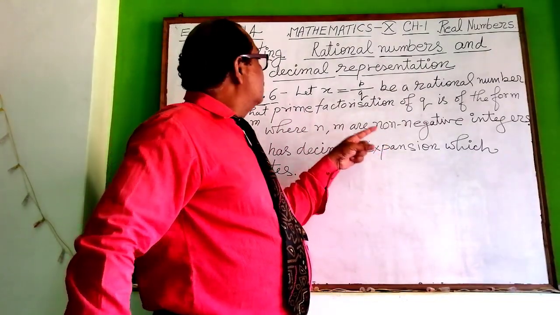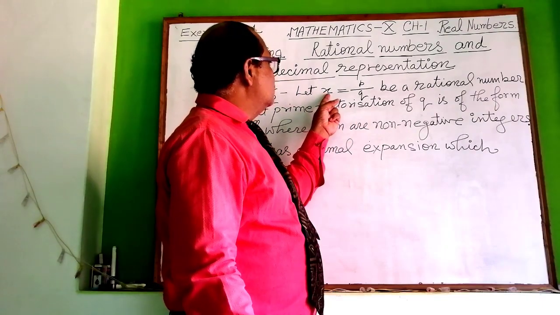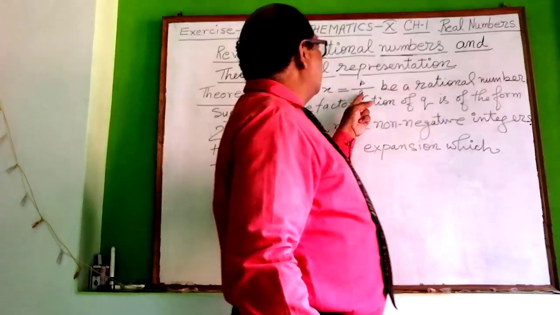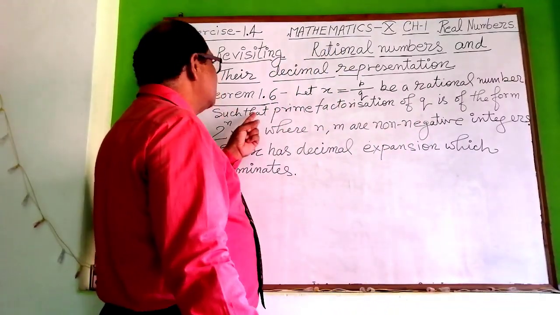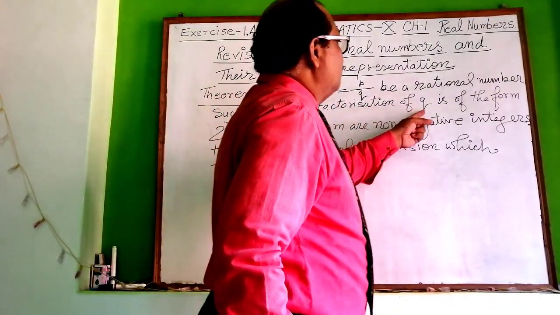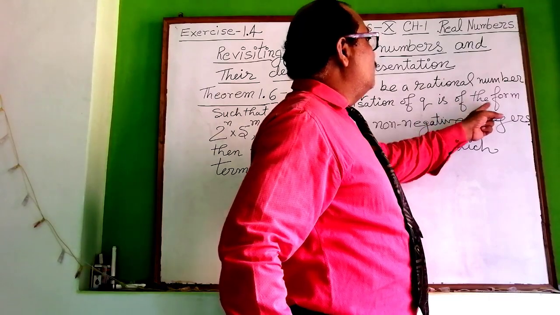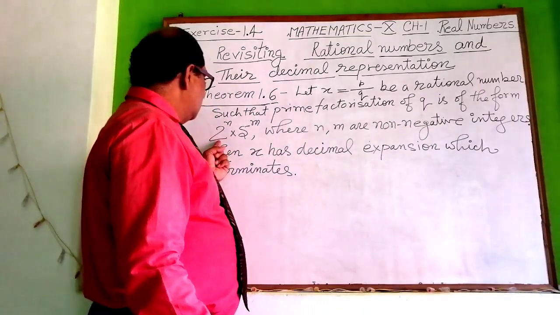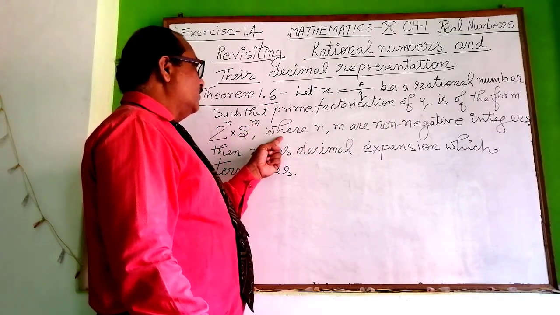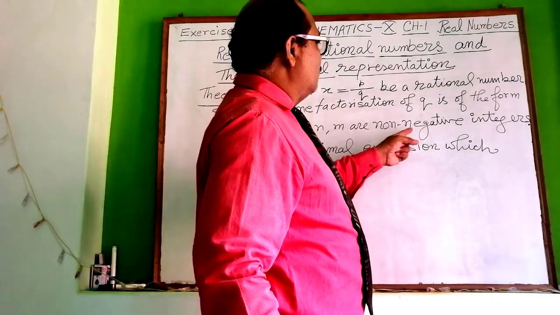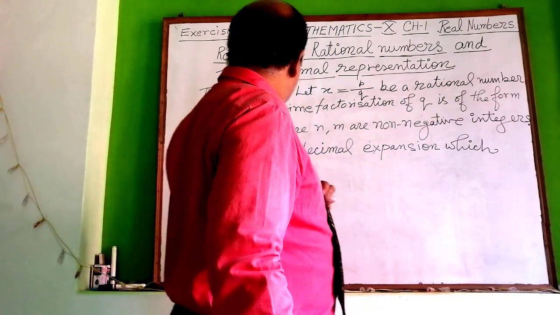You can see, let x equal p upon q be a rational number such that the prime factorization of q is of the form 2 raised to the power n into 5 raised to the power m, where n and m are non-negative integers.